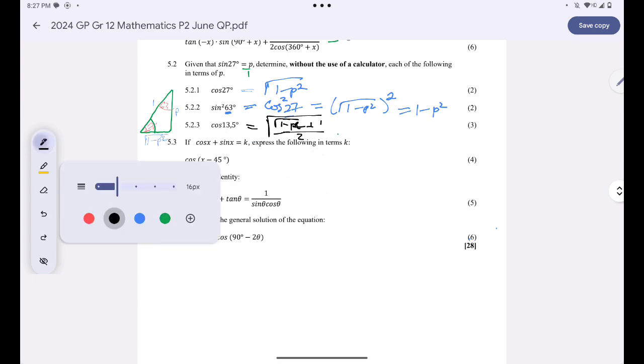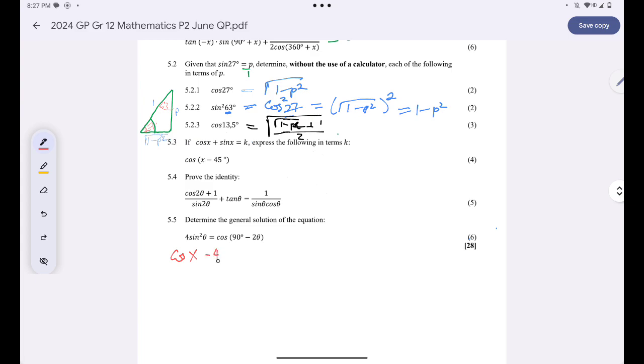Okay, there I have a compound angle for cos, which I can expand. I have cos x multiplied by cos 45 plus sine x multiplied by sine 45 degrees.